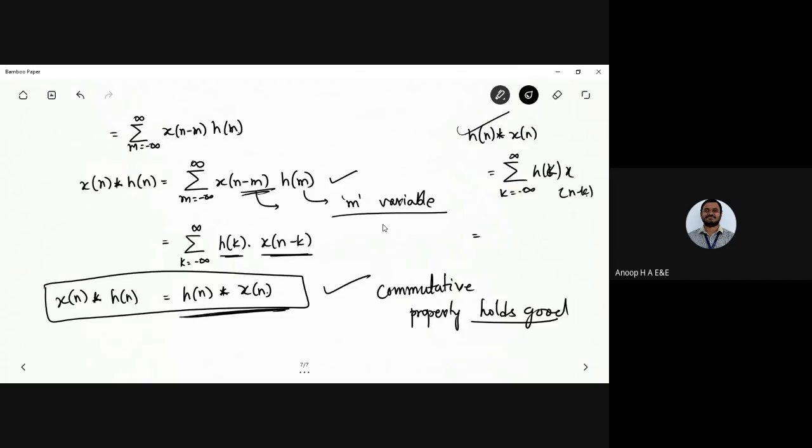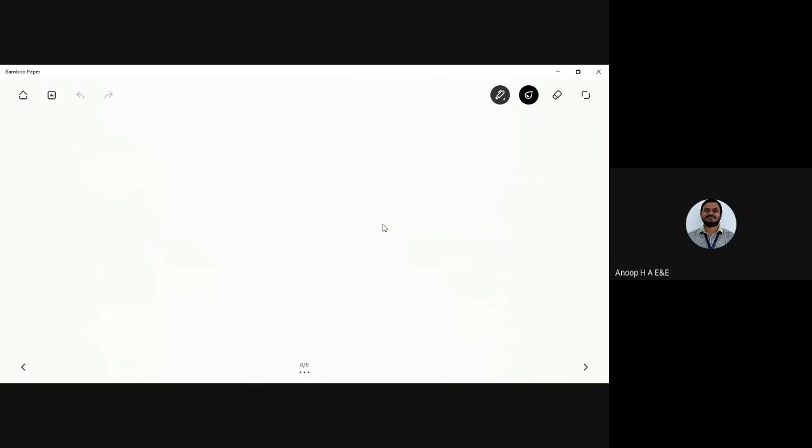You just have to replace the variable, and it can be replaced by k again. So you can call any such variables for your understanding, and you can verify the commutative property.